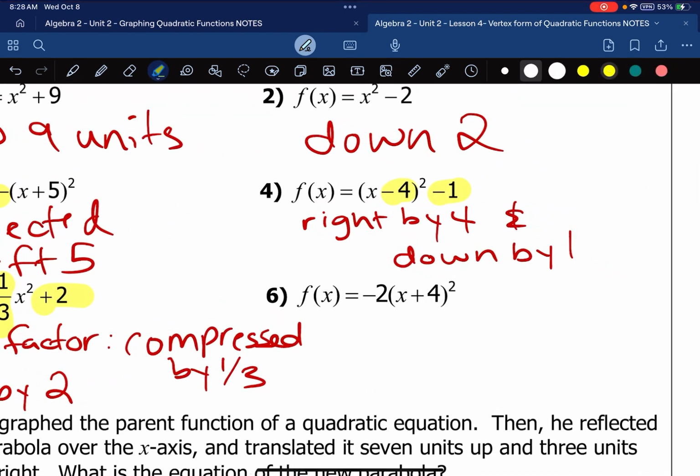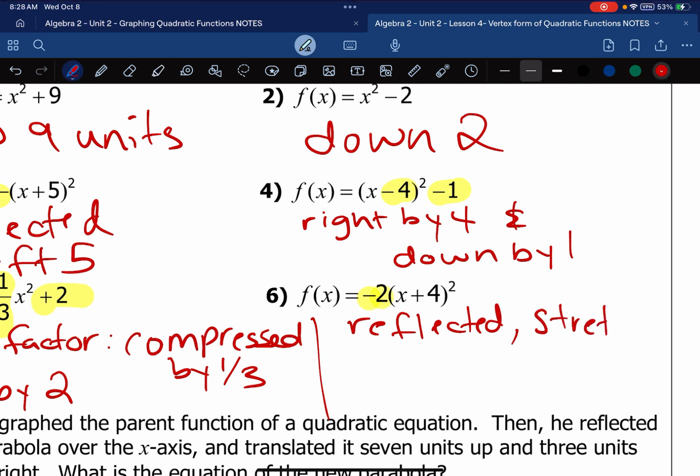Finally, we're going to look at this one. We have this negative out front, so we are reflected. We then have a 2 out front, so there's a scale factor or a stretch by 2.